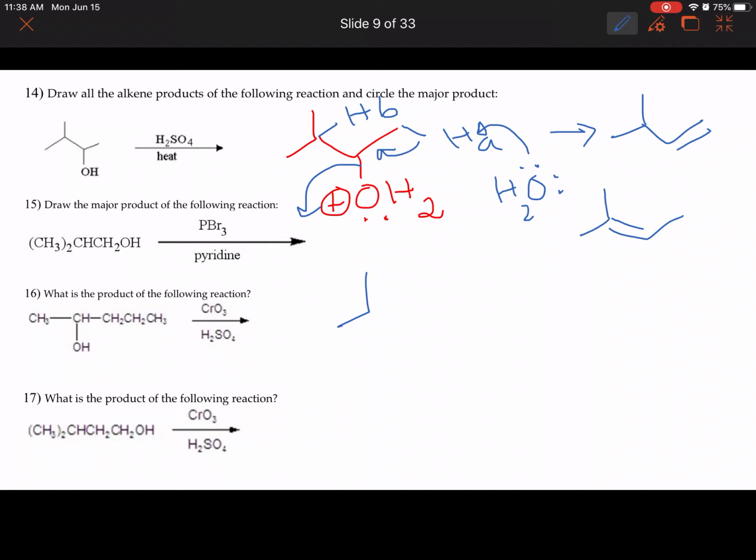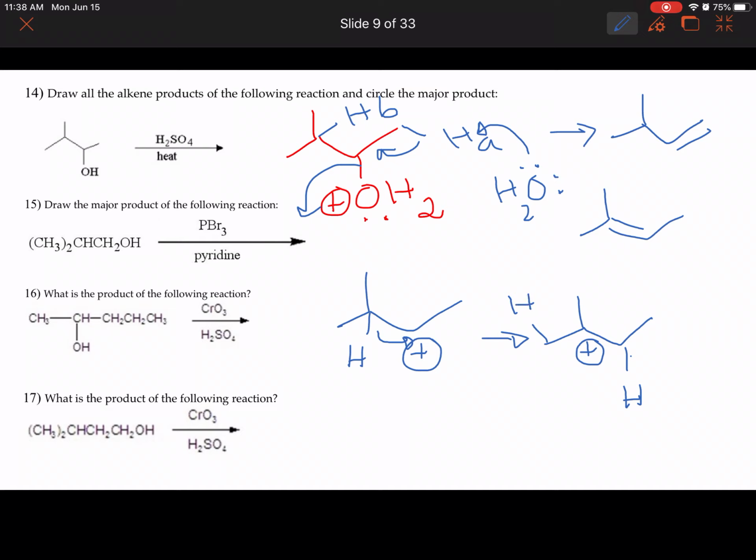Let's say you have this, and then if the water molecule leaves, this would have a carbocation, and here on this carbon you have a hydrogen that can do a 1,2 hydride shift. That will give you hydrogen will be here, and then you can have a tertiary carbocation. And then you have hydrogens.